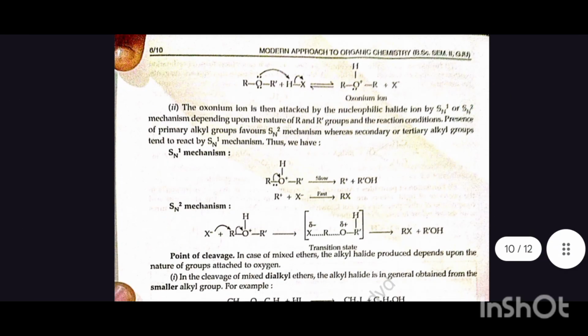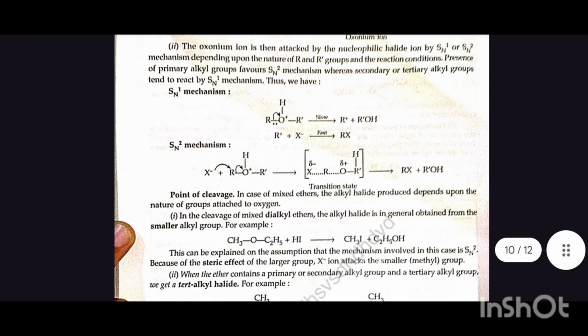Second, the oxonium ion is then attacked by the nucleophilic halide ion by SN1 or SN2 mechanism depending upon the nature of R and R' groups and the reaction conditions. Presence of a primary alkyl group favors SN2 mechanism, whereas secondary or tertiary alkyl groups tend to react by SN1 mechanism.